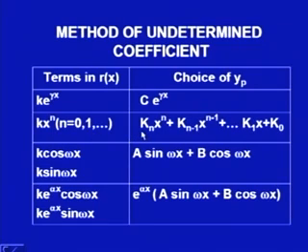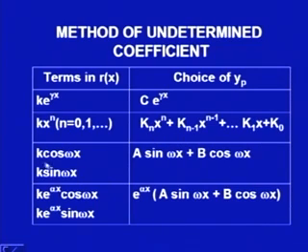The choice of y p must be a polynomial of degree n, that is, capital K n x to the power n plus k n minus 1 x to the power n minus 1 and so on plus k 1 x plus k naught. So I have n plus 1 undetermined coefficients. We determine these by putting this function and its n derivatives in the given equation, and then equating with the right hand side we find these coefficients.